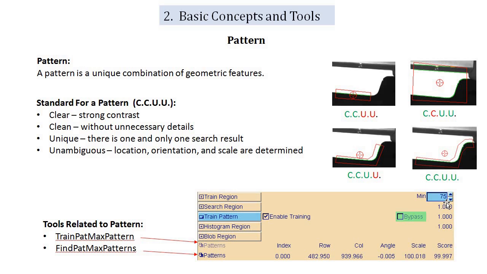Actually, in such a case, you may even have to define the score to be even higher than 75 to be more reliable. However, the pattern can be used in locating the features. In that kind of case, the minimum score can be as low as 50, and can be even lower in some more difficult cases.